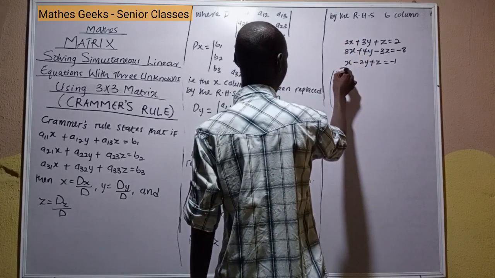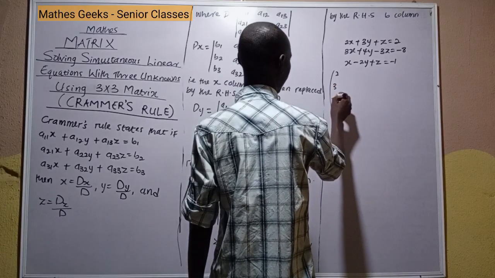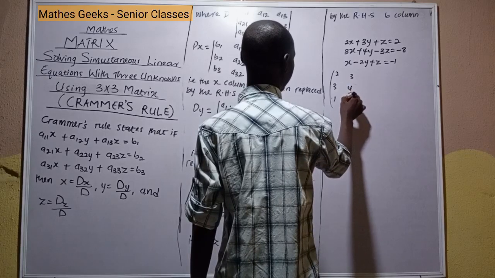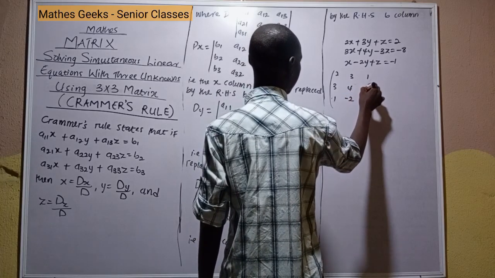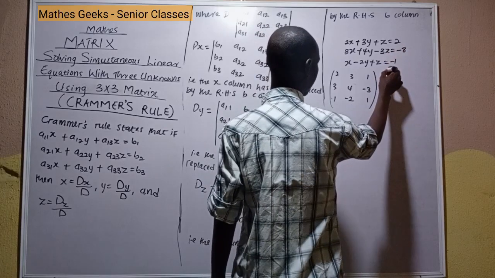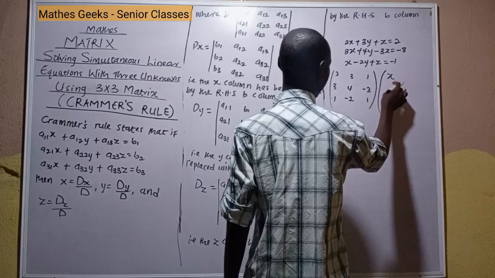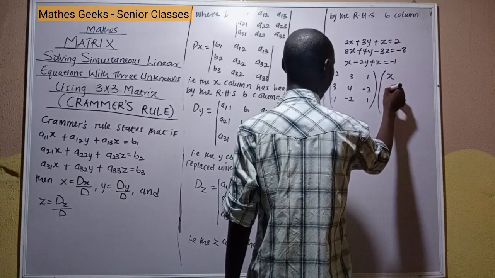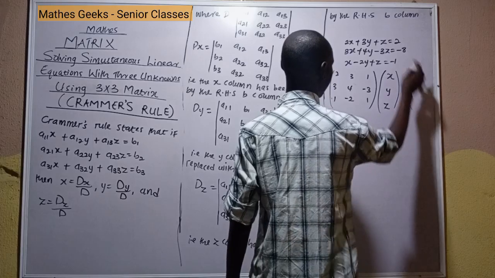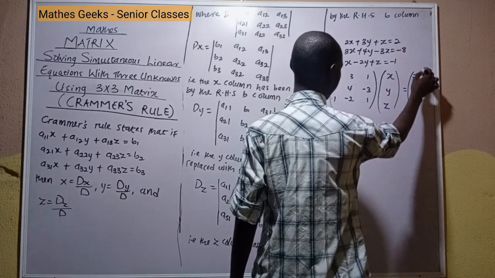The matrix is of the form: we take the coefficients 2, 3, 1, 3, 4, minus 3, 1, minus 2, 1, hmm rather by column, and then we bring out the unknowns, the variables x, y, z, equals, and the answers we also form a matrix: 2, minus 8, minus 1.